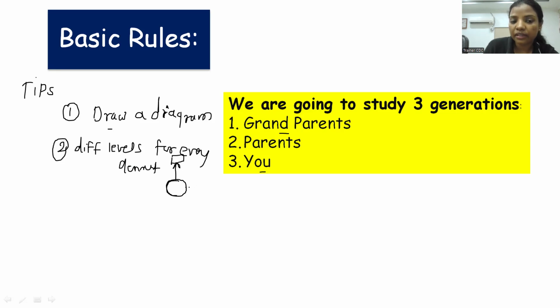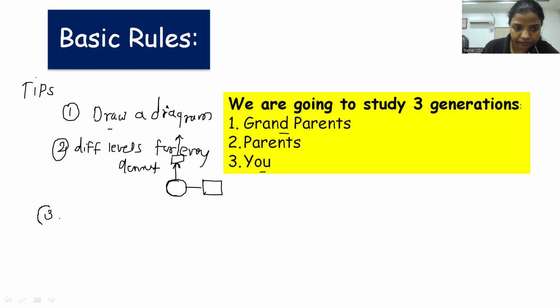Now my brother, I will indicate in my generation. So there should be a different level for each and every generation. If I talk about my father's father, he will be a generation above my father, correct? So the second tip is that every generation should be indicated by using different levels.